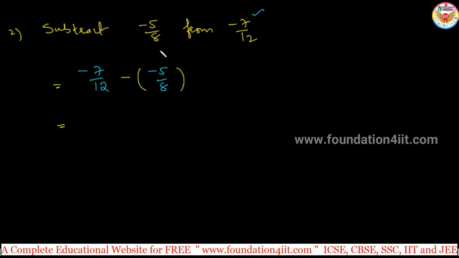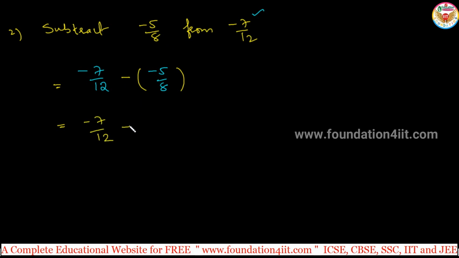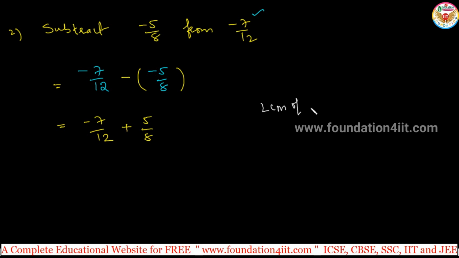This is already a negative number, so minus 5 by 8. Now we can directly use the formula: minus 7 by 12, minus into minus is plus 5 by 8. Minus into minus is plus, formulas you know. And for 12 and 8 we calculate the LCM. LCM of 12 comma 8, that is 24, we will get.